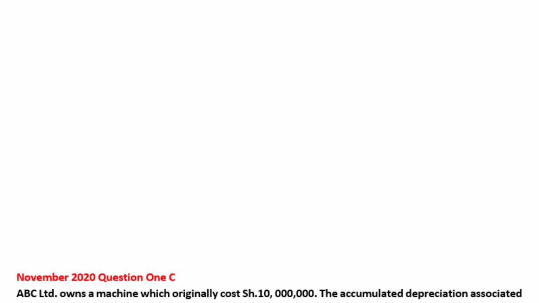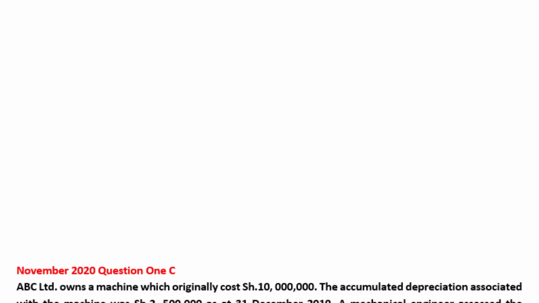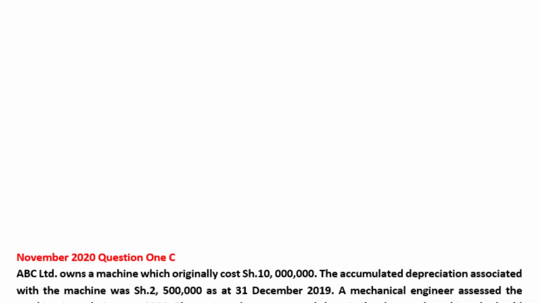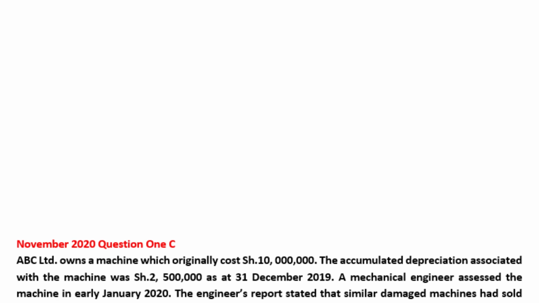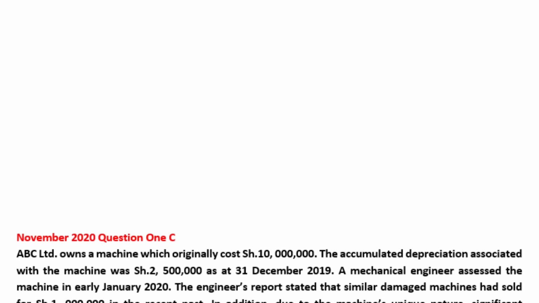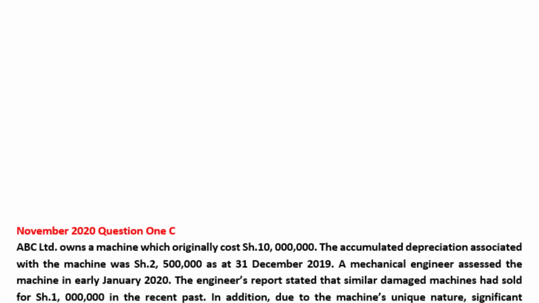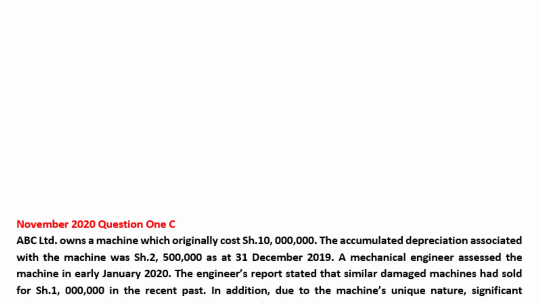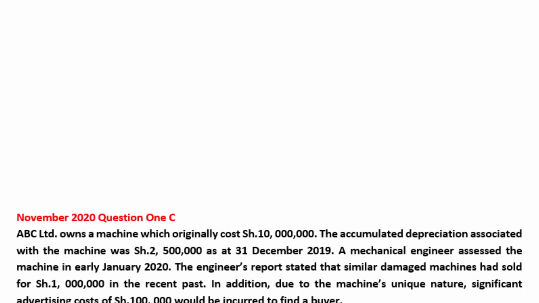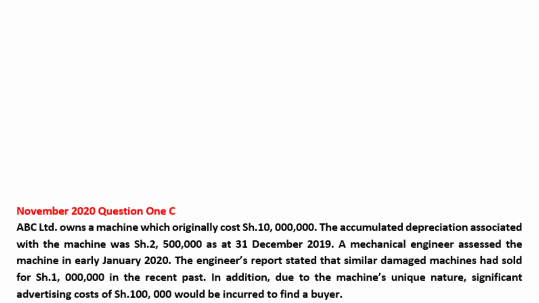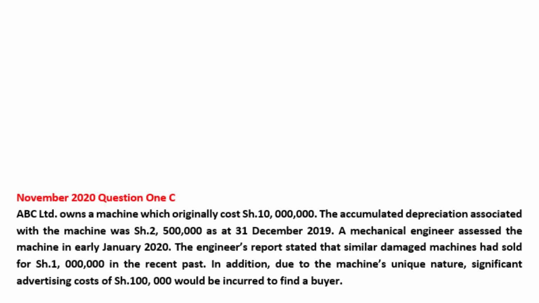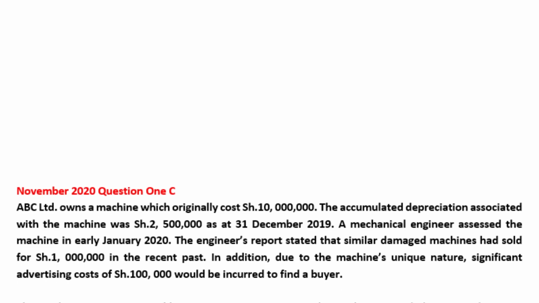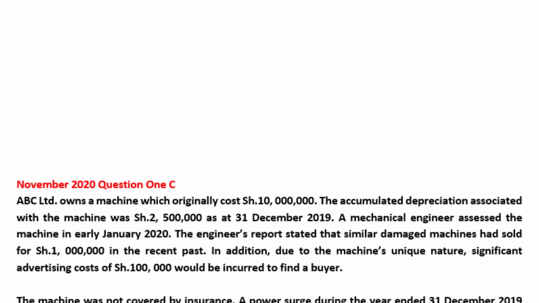So the question reads, ABC Limited owns a machine which originally cost shillings 10 million. The accumulated depreciation associated with the machine was shillings 2.5 million as at 31st of December 2019. A mechanical engineer assessed the machine in early January 2020. The engineer's report stated that a similar damaged machine had sold for shillings 1 million in the recent past.